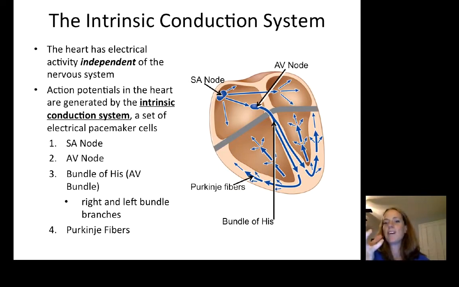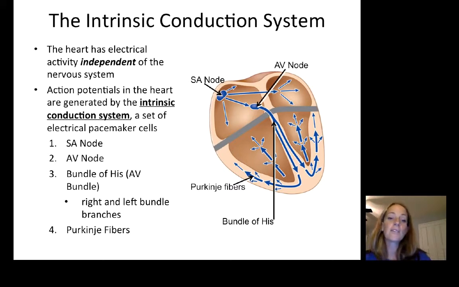And when he rips his heart out and he holds it out, even the heart outside of the body is pumping. So that's not totally science fiction. It actually, the heart can pump independent of the nervous system.